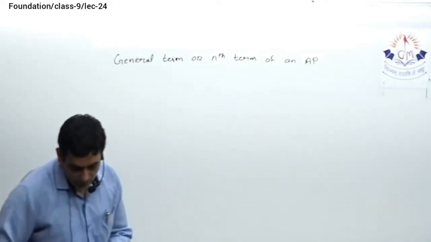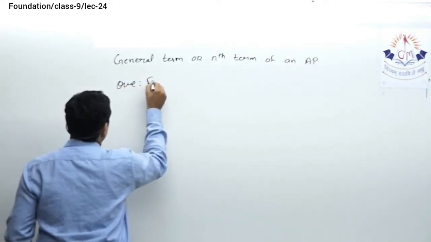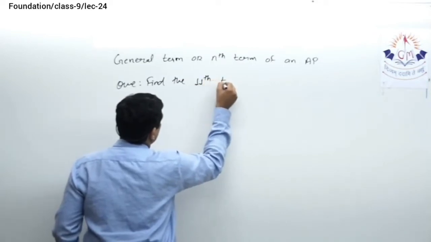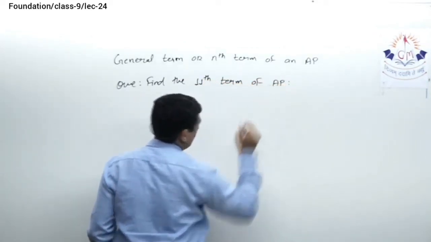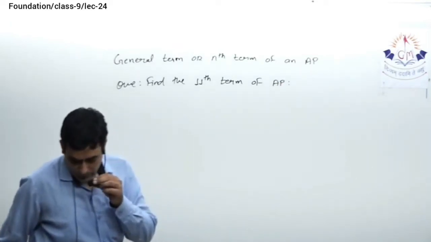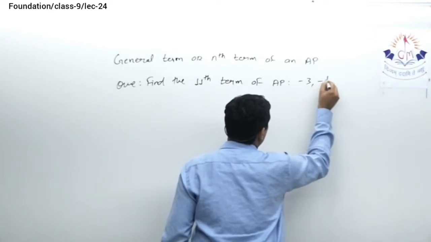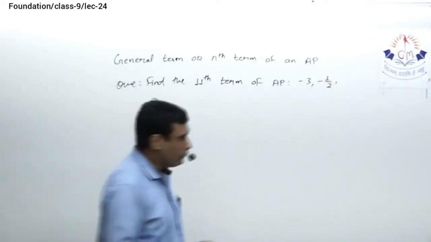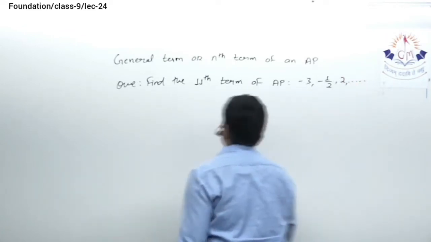Find the 11th term of the AP: minus 3, minus 1 by 2, 2, and so on.